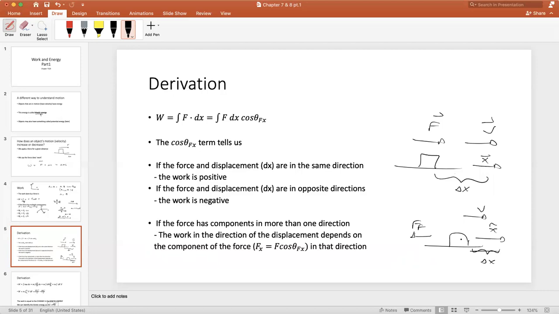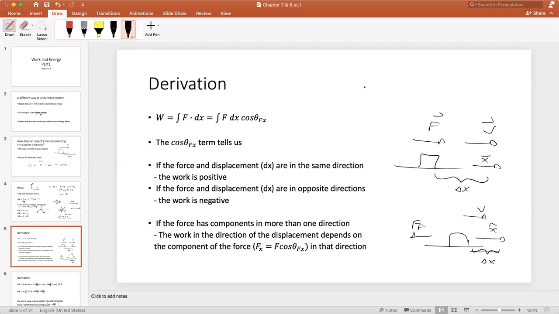This force is actually acting to the left even though it's being applied over a positive x distance. I hope that makes sense to you, right? As the object slides to the right, we're applying a force to the left. That means that the force and the displacement are in opposite directions and the work is negative. If the force has components, you break them up into the components, right?